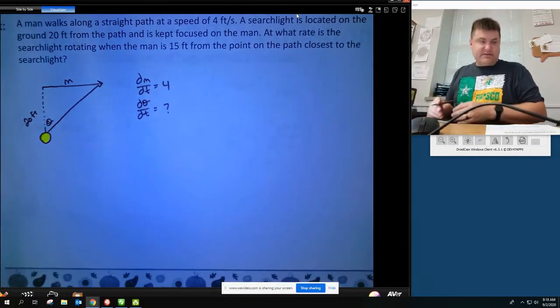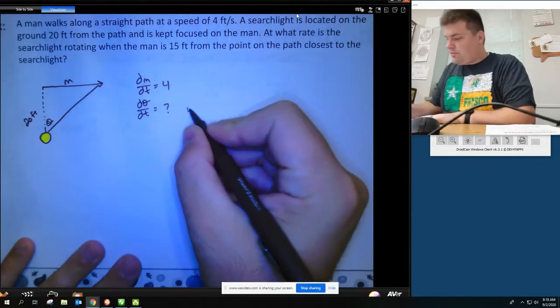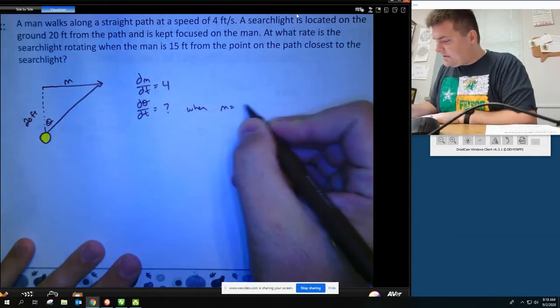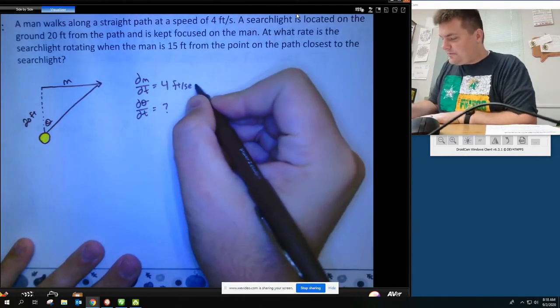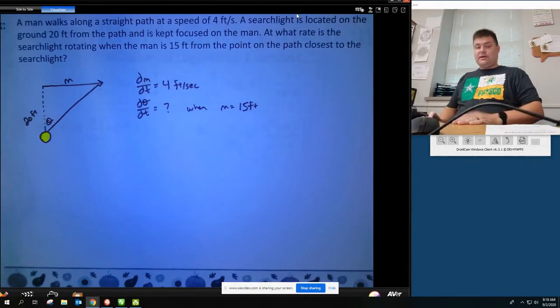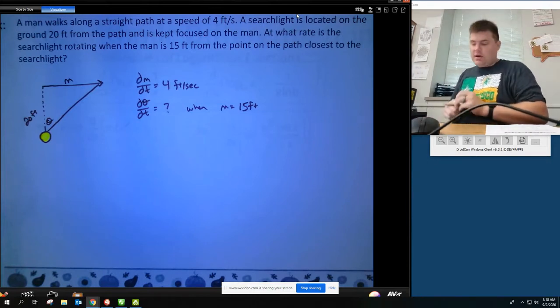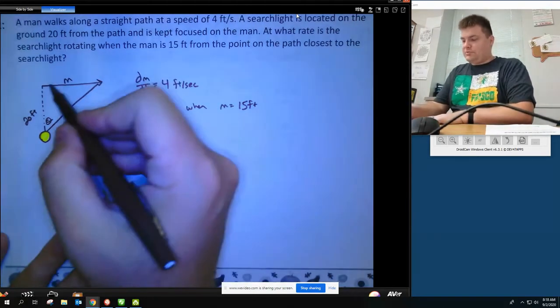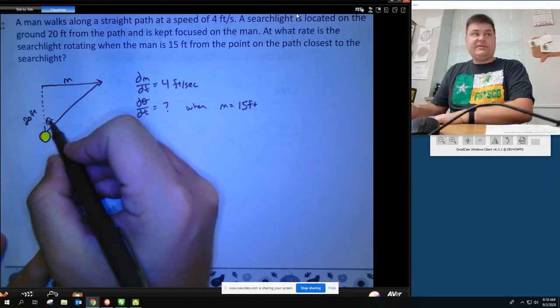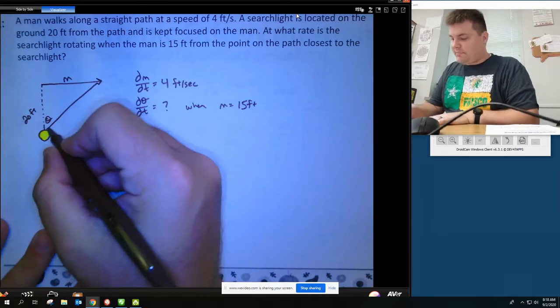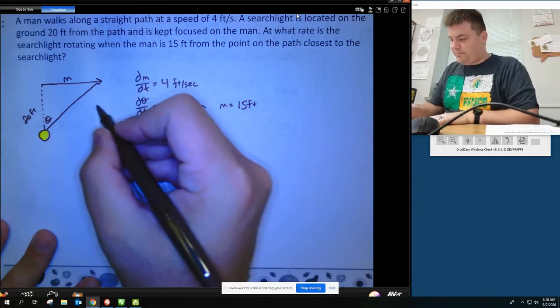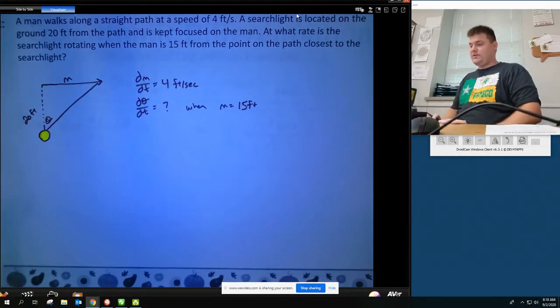What is d theta dt when the man is 15 feet? I'll put feet per second up here. So this is everything that we do know. This person's walking away, and the searchlight is rotating. This hypotenuse is opening and opening as we go.